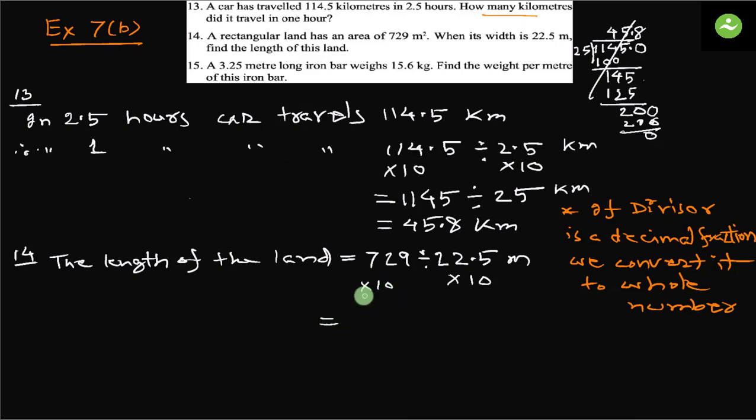So now the dividend will be 7290. 7290 divided by 225. And the unit is meter. So let us divide 7290 by 225.